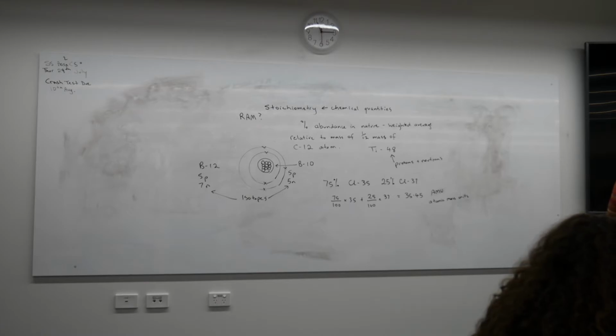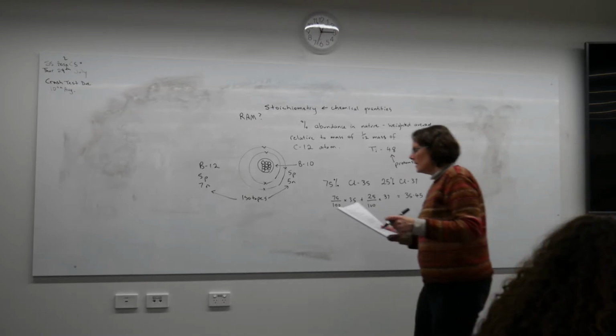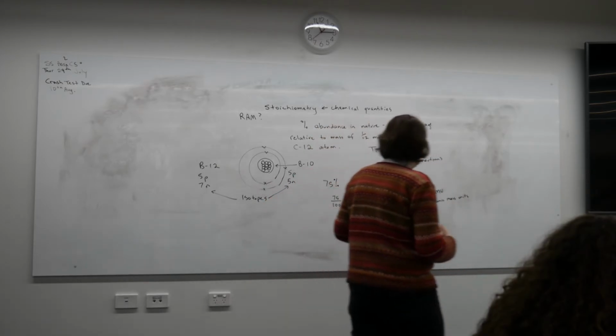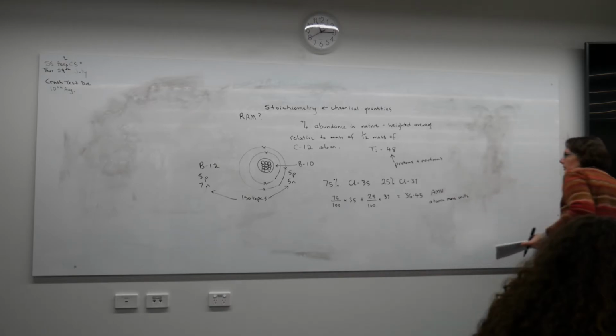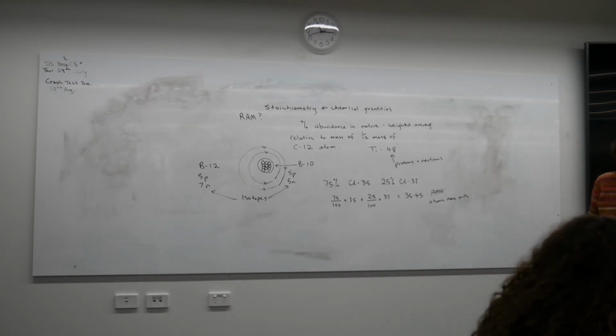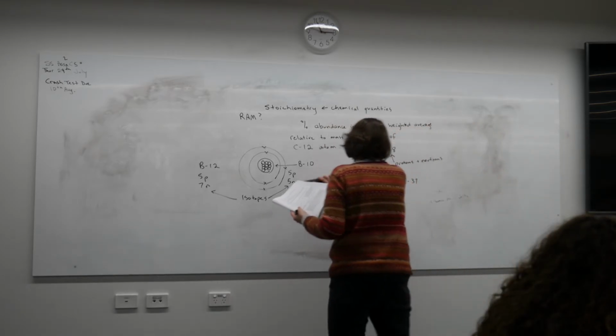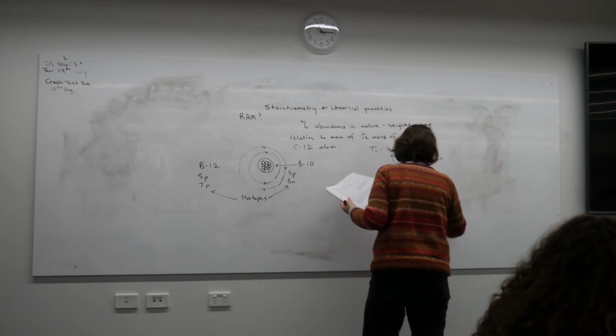Hopefully, with that bit of background, we can work from there. If this is how we can work out basically the number of protons and neutrons in an element, we're going to use the same process to work out what's present in compounds.